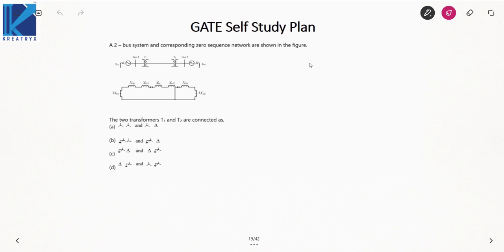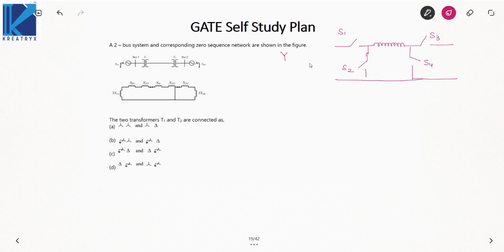Next one. It says a two-bus system and the zero sequence network are shown in the figure. So for a transformer, what you have to remember in zero sequence network, there are two types of switches, series switch and shunt switch. S1, S2, S3, S4.